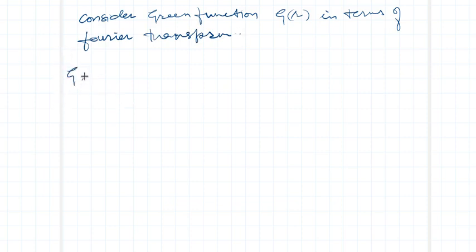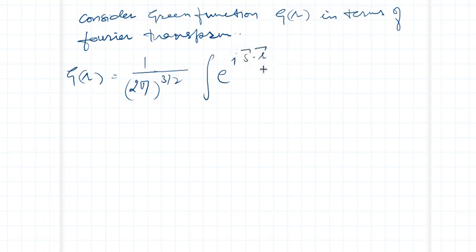So for that, G(r) is basically 1 over 2 pi raised to power 3 by 2, and it is e raised to power iota s.r G(s) and d cube s.